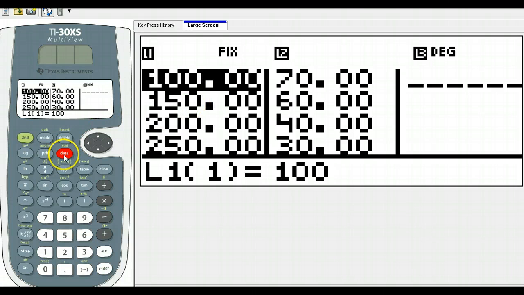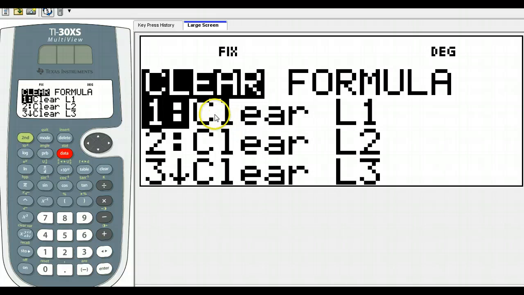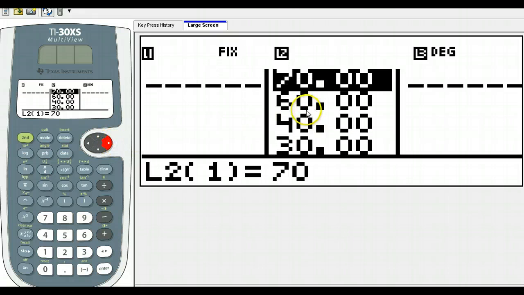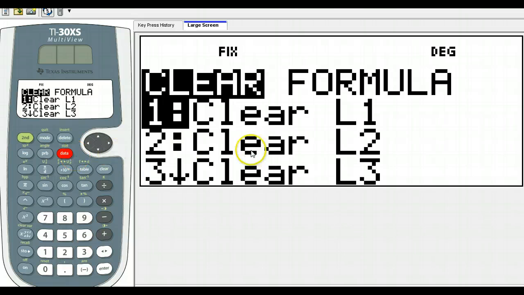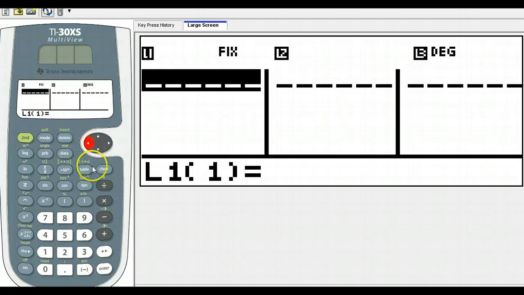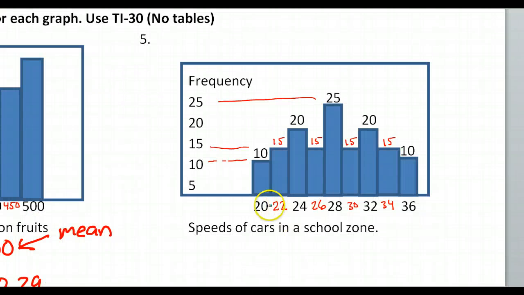It's all about the data button. If you hit data, see how it says clear L1? If I just hit enter, L1 is gone. If I want to clear L2, I will hit data, and I will have to choose option 2 to get that done. Alright, anyway, back to listing this.